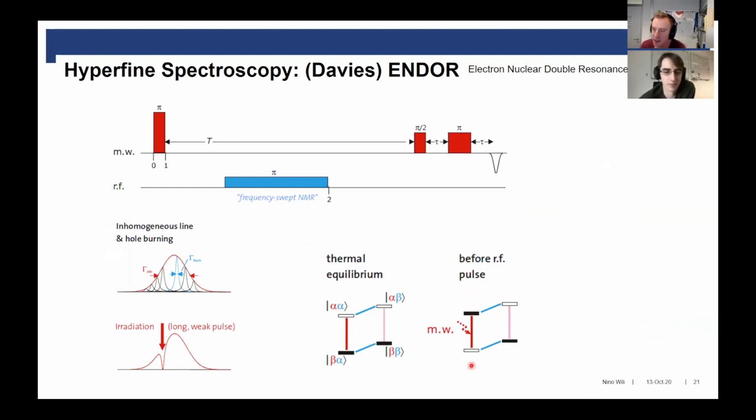Davies ENDOR does it with a selective pulse, but you can also do it with pi half, tau, pi. Then you have antiphase coherence, which depends on the hyperfine coupling, so you can generate the situation also with pulses and delays. But then you can get some blind spots and stuff. Okay, thanks.